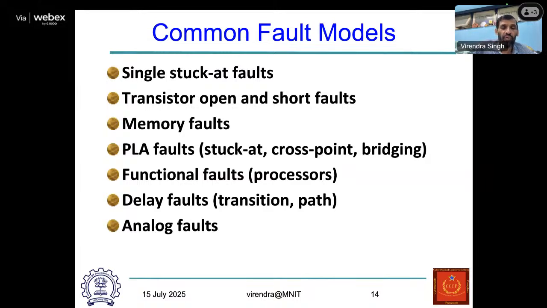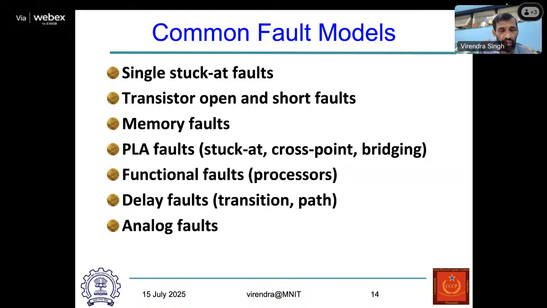You need to develop a different test vector to see whether some particular transistor is open or some particular transistor is short. These are the faults which may need two vectors to test, and hence that was not covered by the single stuck-at fault model. Those are the augmentation.